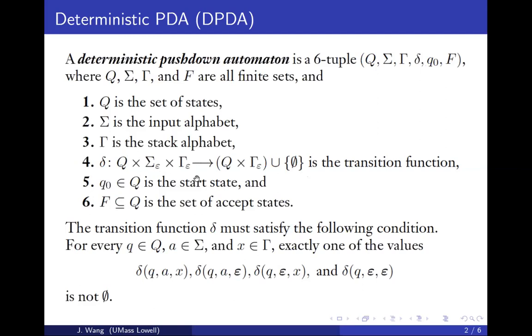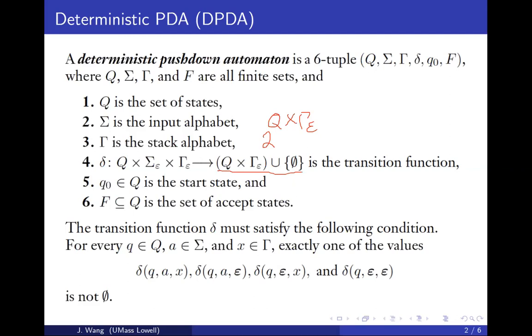Remember that for a PDA, the right-hand side is a power set, 2 to the Q cross gamma epsilon. In a deterministic PDA, we only have one next move instead of a set of next moves. That is one difference.